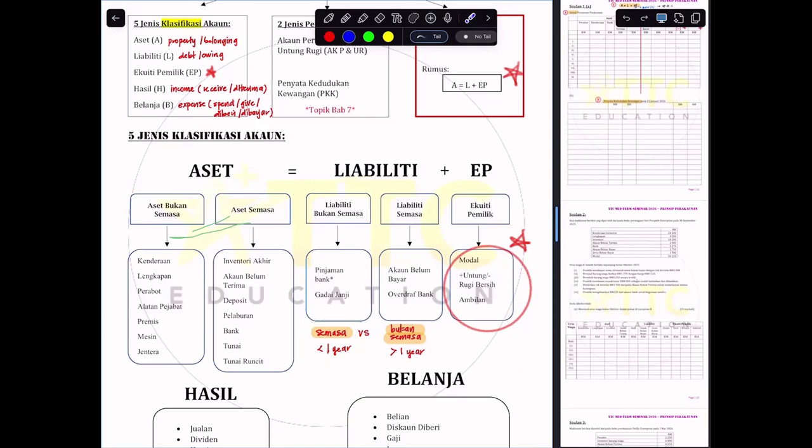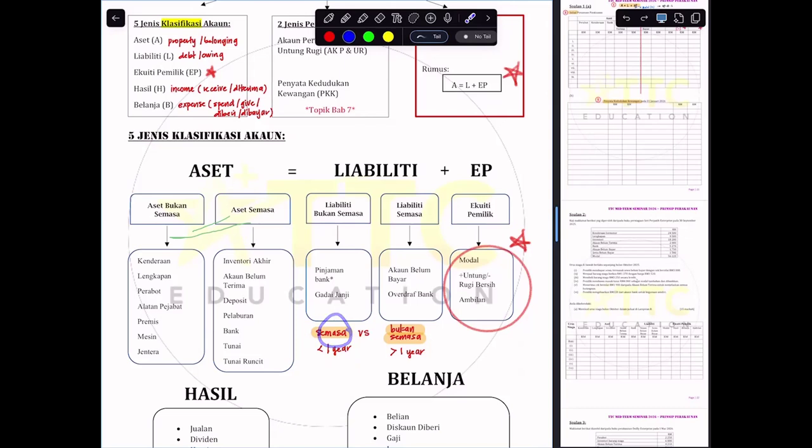For example, you buy product, you haven't paid money. We call it as account belum bayar. If you buy and haven't paid, is it possible for the supplier to allow you to pay after 1 year? Cannot be, ma. Can only allow you to pay within 1 year because he will be worried that you're suddenly gone already and cannot get back your money. So it'll be liability semasa.